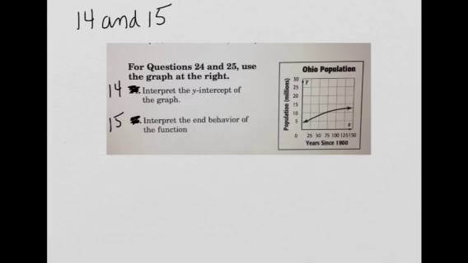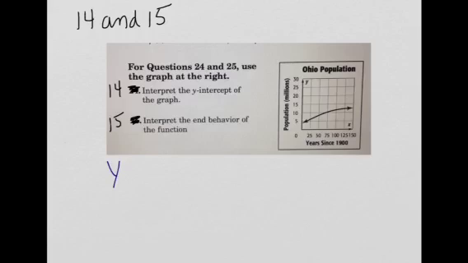Interpret the X and Y intercepts. Okay, so we're going to take a look at our X and Y intercepts. So there's not going to be an X-intercept. So the Y-intercept looks like it's going to be at about 4.